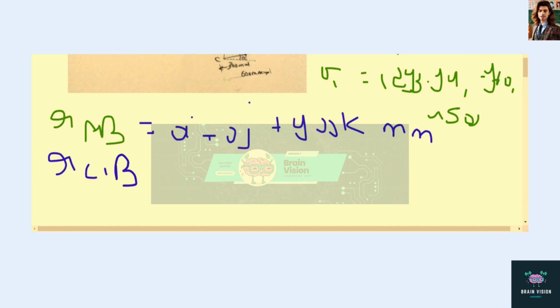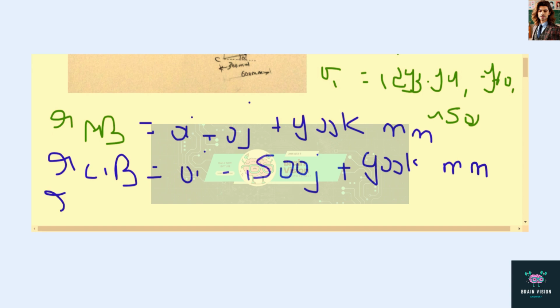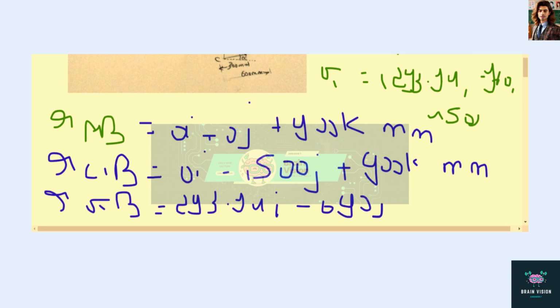RCB is equal to 0I minus 1500J plus 900K mm. RGB is equal to 293.94I minus 690J plus 450K mm.